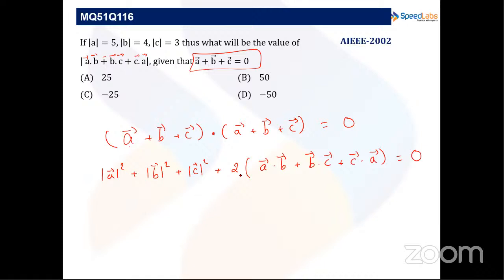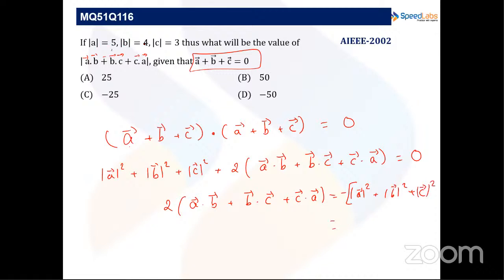So 2 times A dot B plus B dot C plus C dot A is equal to negative of mod A square plus mod B square plus mod C square.